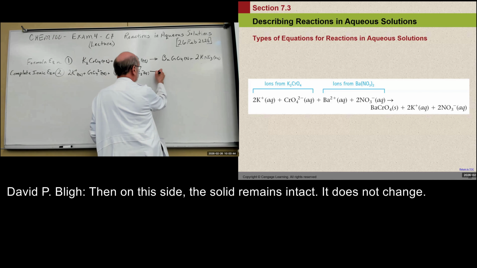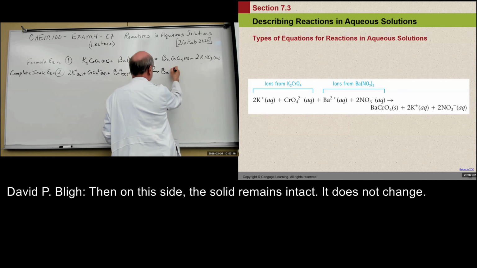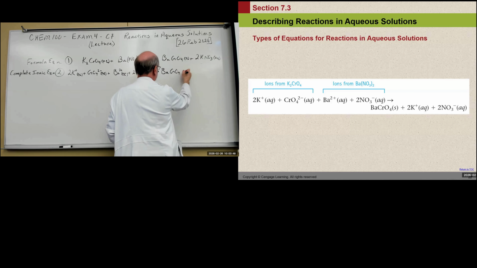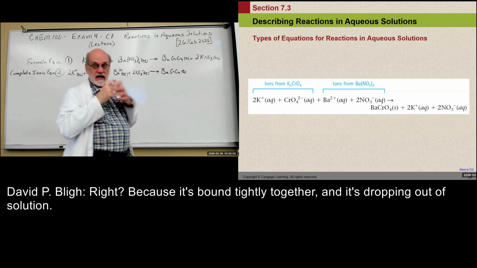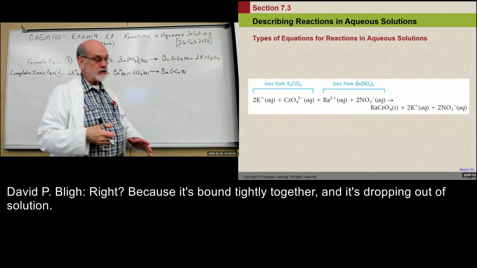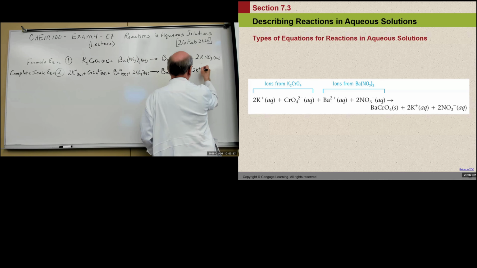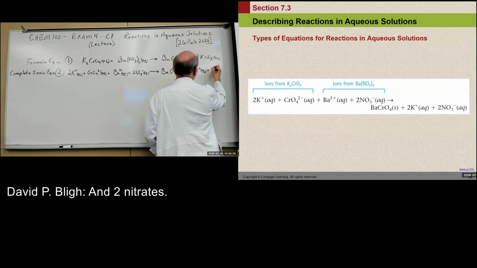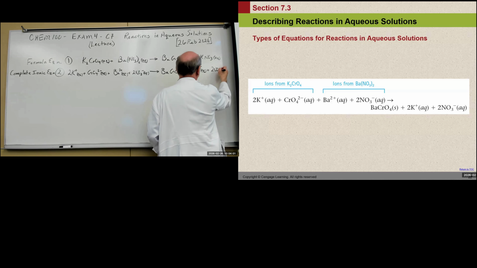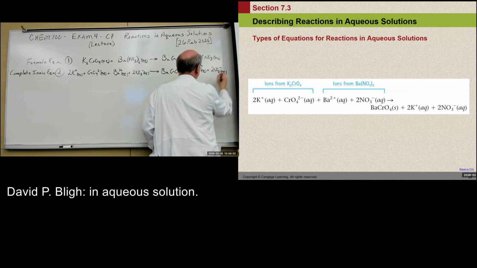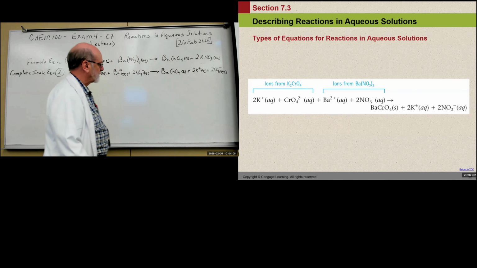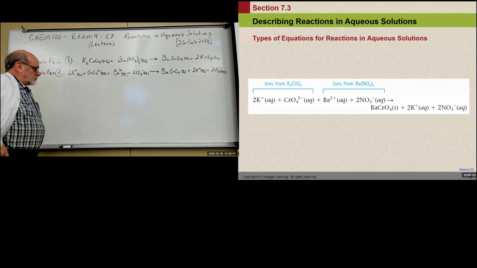Because you have to have the same number of ions here and here. So we take that 2 and make a coefficient out of it. Then on this side, the solid remains intact. It does not change, right? Because it's bound tightly together and it's dropping out of solution. But we also have 2 potassiums and 2 nitrates in aqueous solution. Okay.